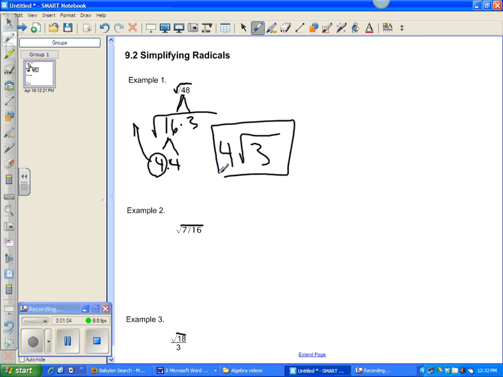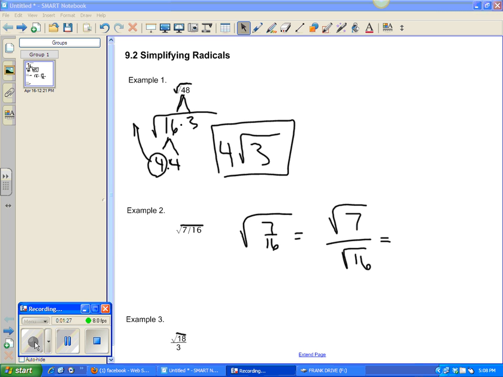Let's go to the next one, which is the square root of 7 divided by 16. This could be rewritten as the square root of 7 divided by the square root of 16.